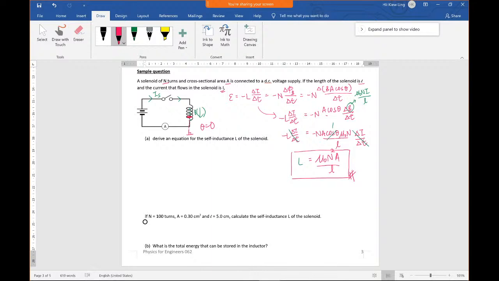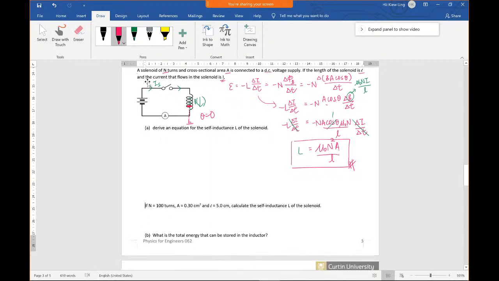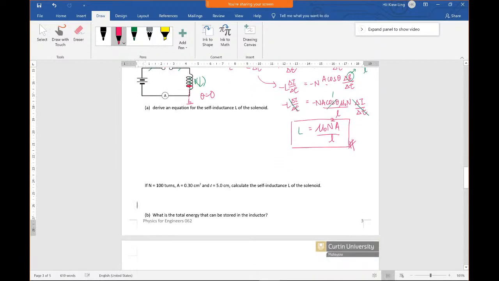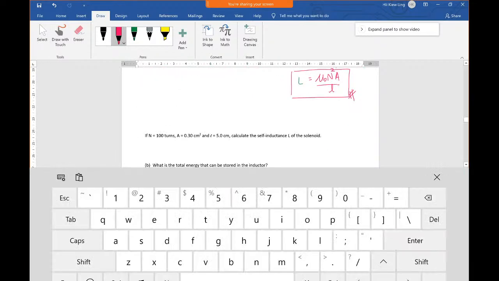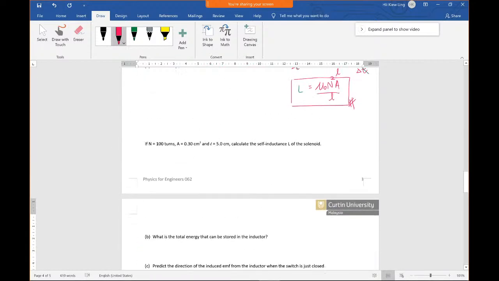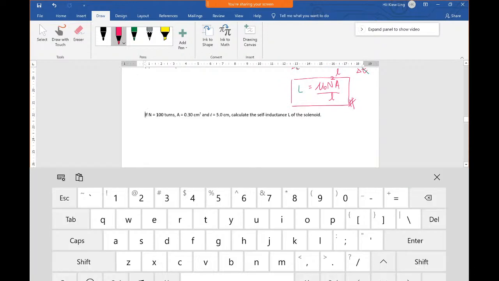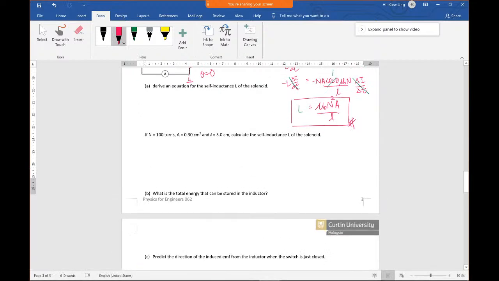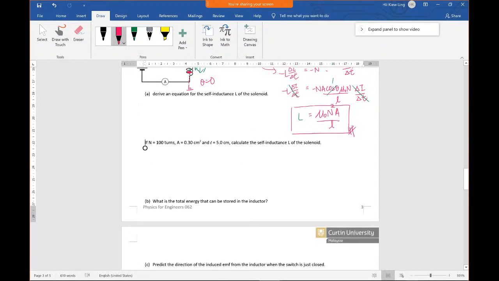So if N equals 100 turns, A is 0.3, L is 5 centimeter. Calculate the self-inductance of the solenoid. So mu naught is the constant, 4 pi times 10 to the power of negative 7. Number of turns given 100.